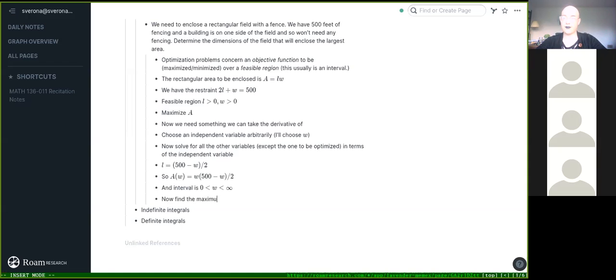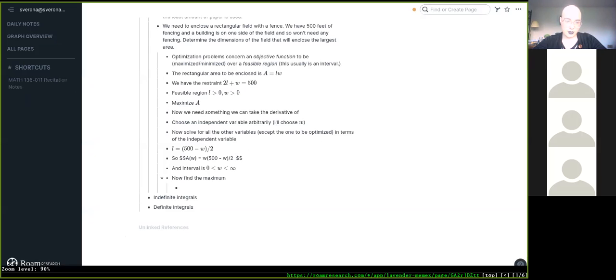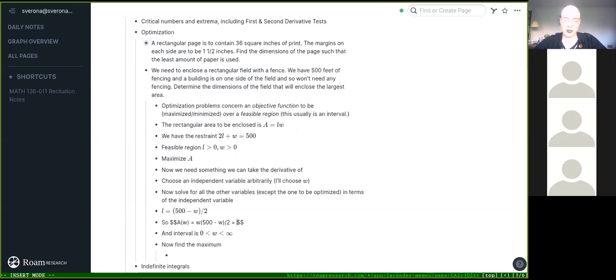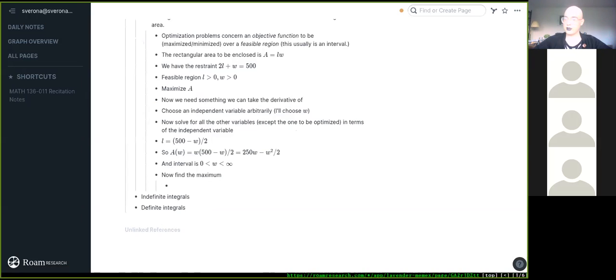So now find the maximum. Let me make this a little bit nicer. I'm just going to distribute this out real quick, and I believe that's 250W minus W squared over 2. And so to find the maximum, I have to find my critical numbers.